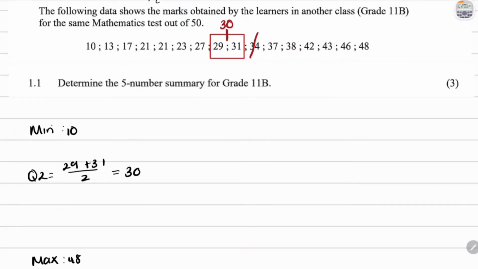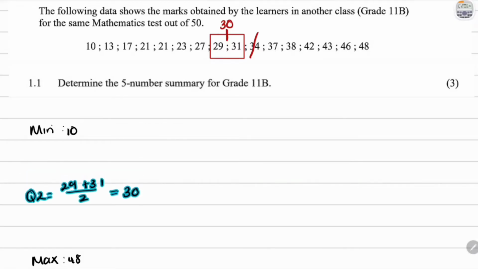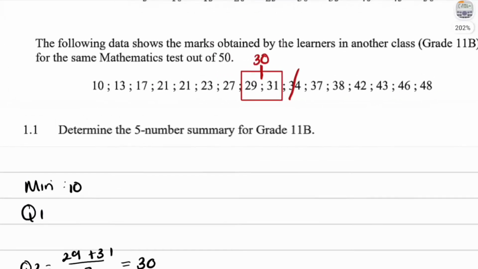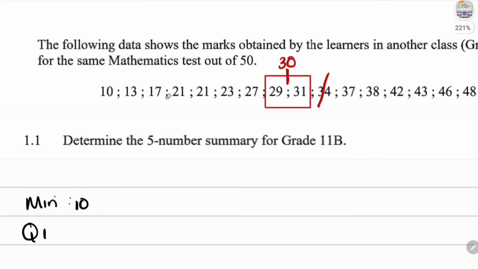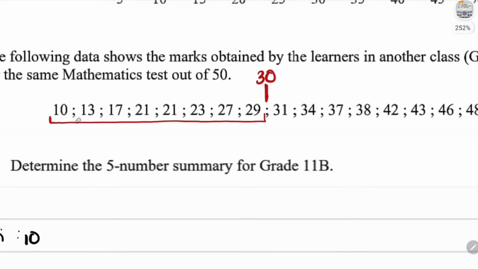To find Q1, Q1 is actually the middle of half of your data set. You're going to measure from 10 all the way to 29, because 29 is not Q2. You use 29 to find Q2, but it's not Q2. So this is your lower half, and you just find the middle of this.